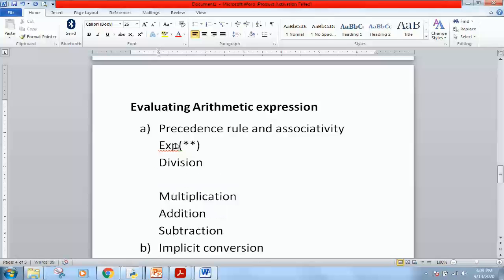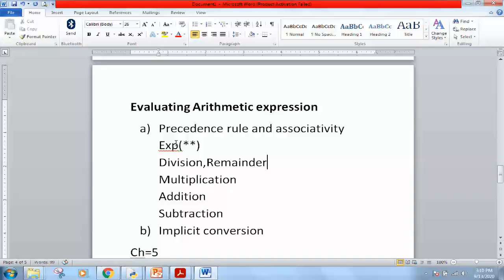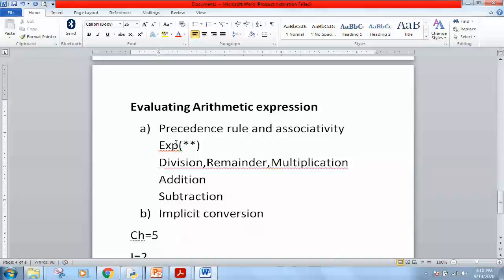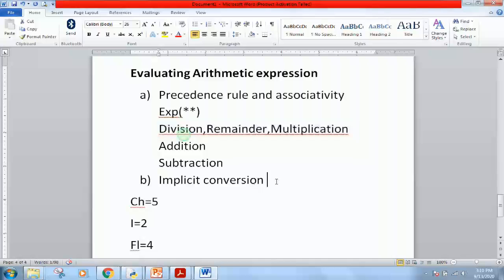In Python we have one more operator, the remainder operator also. These are at the same priority level, so if all three come together, you always follow the left to right rule. I can write it this way: they are at the same priority level, so whenever they come you follow the left to right rule.